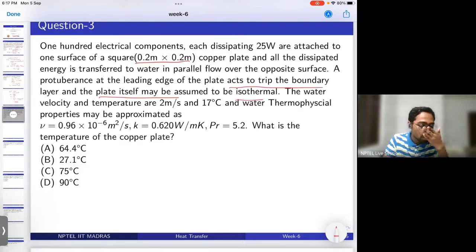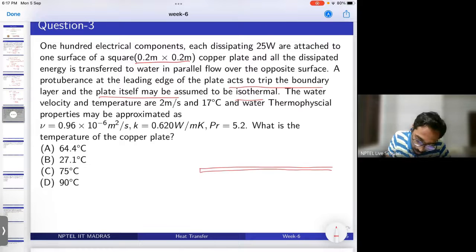So we have one copper plate here of size 0.2 by 0.2, a square plate, and on one side of it we have 100 devices.